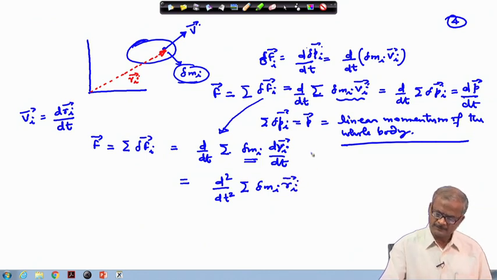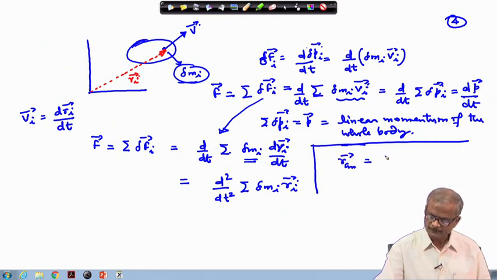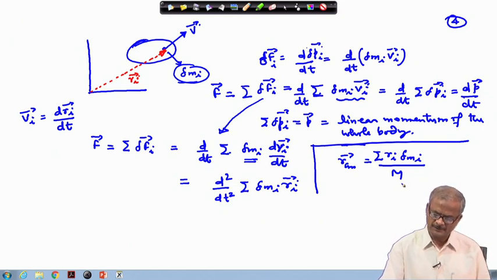And we know that the center of mass is defined as, where m is the total mass of the body.